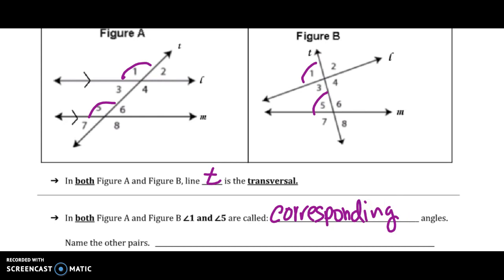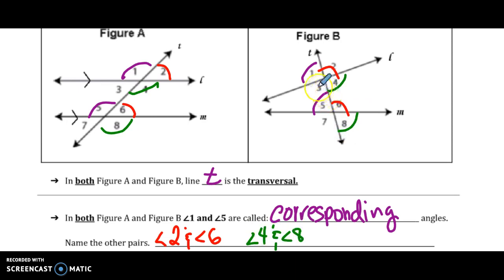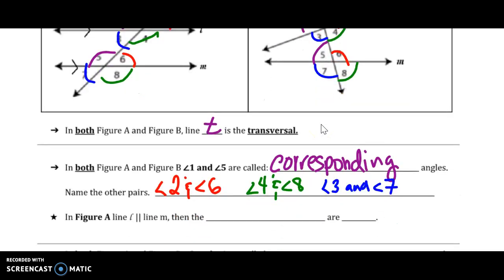Other pairs of corresponding angles would be angle 2 and angle 6, angle 4 and angle 8, and angle 3 and angle 7. Now remember, corresponding angles means that they are in the same place on both lines. So 3 is underneath the line on the left of the transversal. 7 is underneath the line on the left of the transversal.